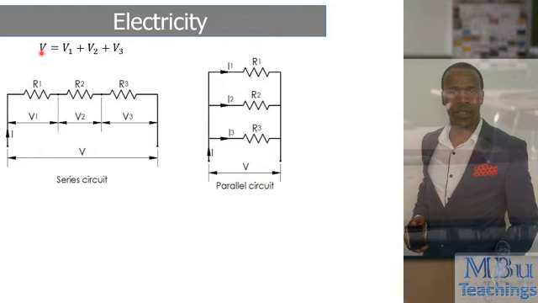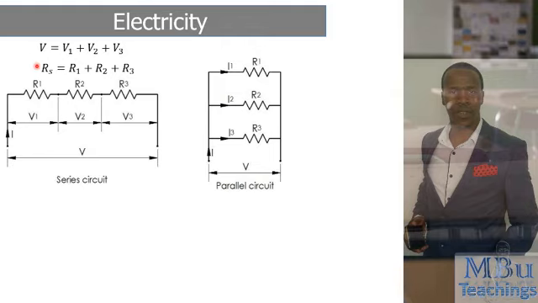It could be EMF, it could be voltage drop, it could be potential difference, whatever it is. It will depend on the circuit. If it's open, it will be EMF. If it's closed, it will be potential difference. Or maybe it could also be the voltage drop, but we'll talk about the voltage drop later on. So this is our V, the voltage.